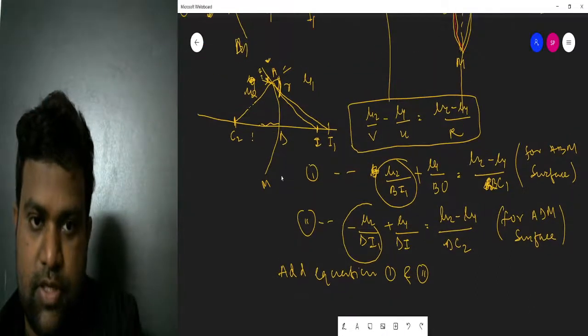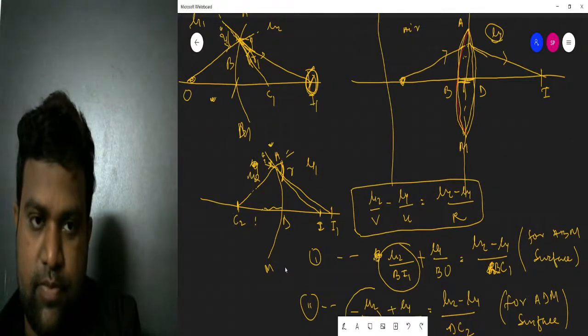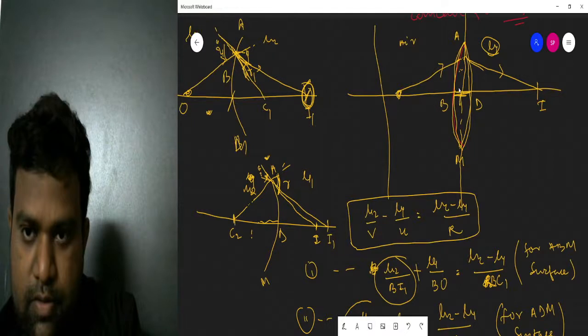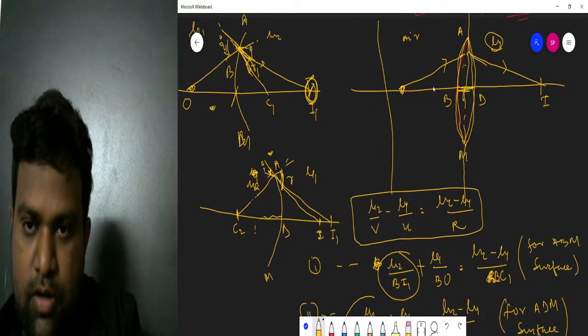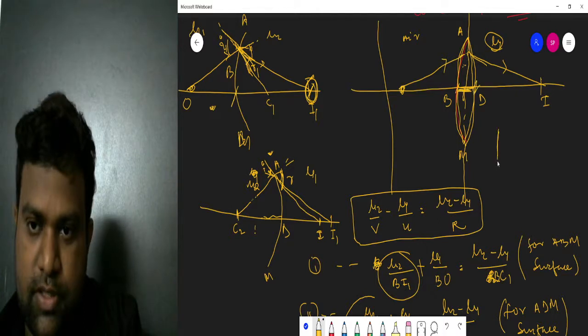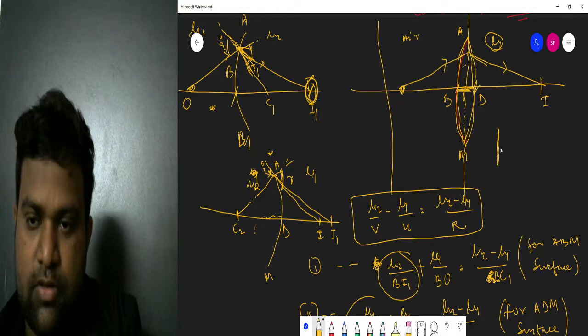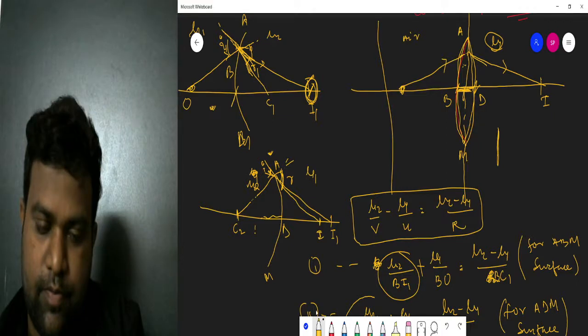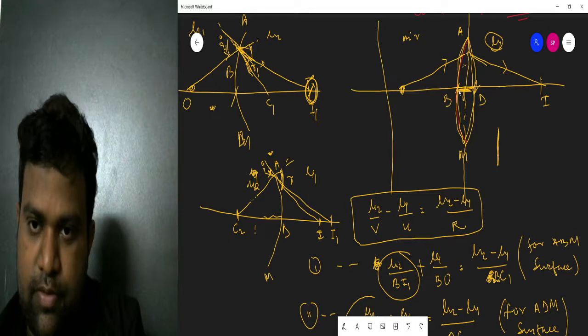We'll use the approximation for a thin lens. This B and D, the difference between B and D, we'll consider it very thin, it's a thin lens, so we'll consider they are at the same point. B and D both are the same point, so you can write B to I is the same as D to I.